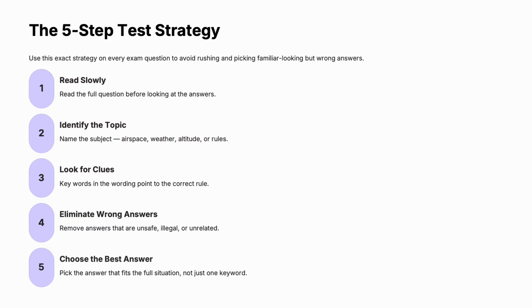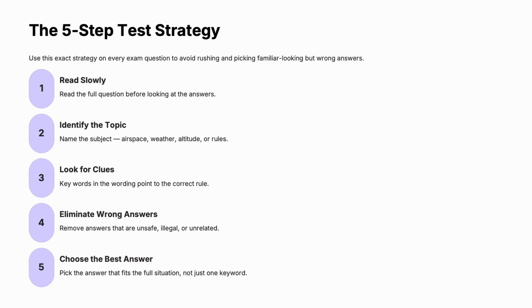Let's build a strategy you can apply to every single question on the exam, so you avoid rushing and picking an answer that just looks familiar instead of one that's actually correct. Step 1. Read slowly. Read the full question before you even look at the answer choices. Step 2. Identify the topic. Name the subject out loud in your head, whether it's airspace, weather, altitude, or general rules.